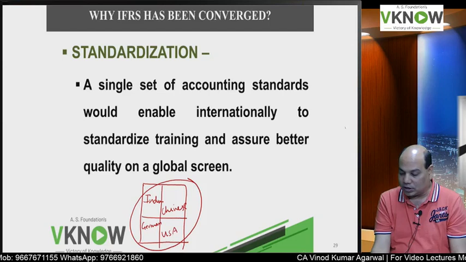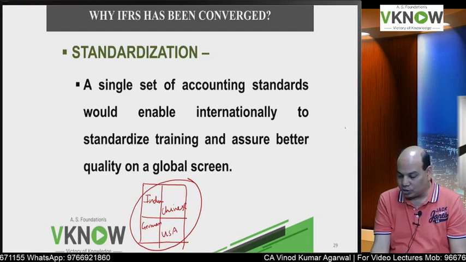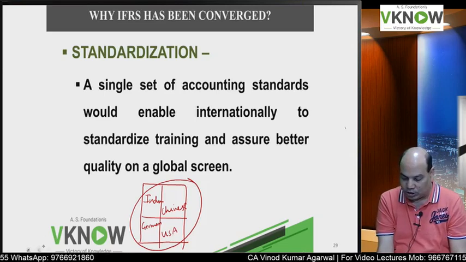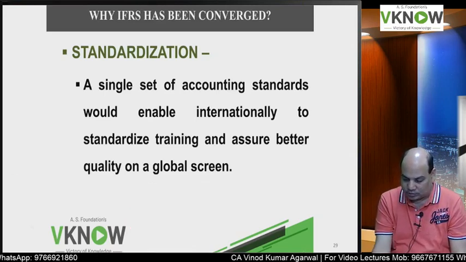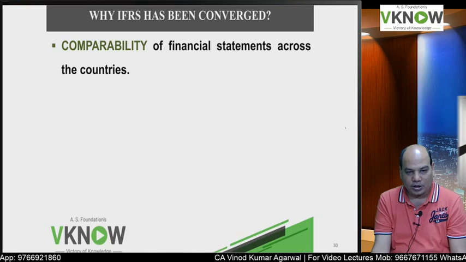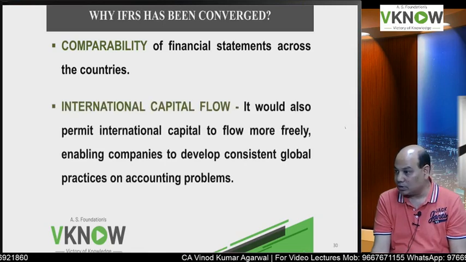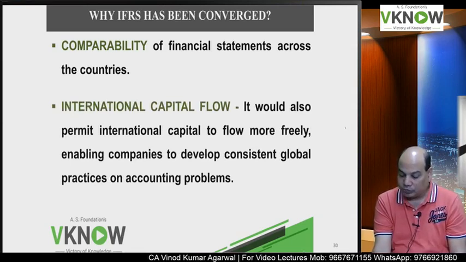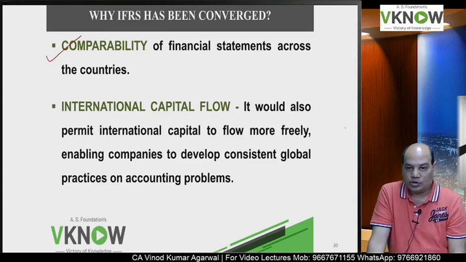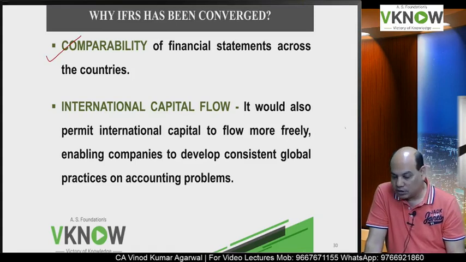So that is why a single set of standards will enable internationally standardized training and assure better quality on a global scale. So the second reason is comparability. We can compare financial statements of 2 companies which are in 2 different countries now. That is one of the big advantages for the investor.